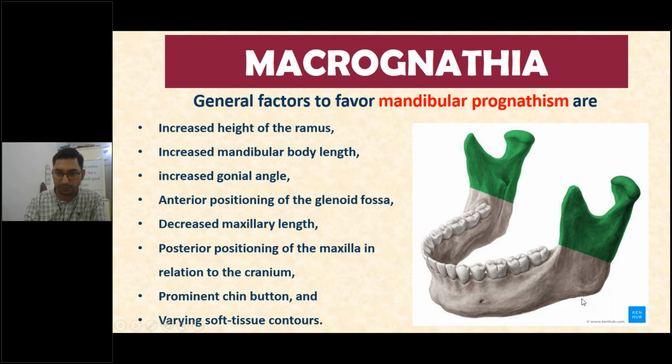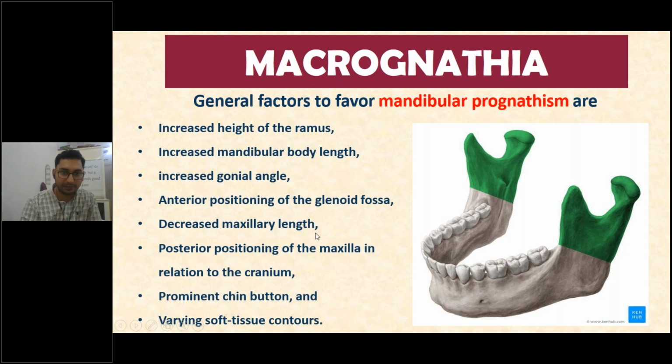There is an increase in gonial angle. This is the gonial angle, the angle between ramus and body. This angle will increase. There is, of course, anterior position of glenoid fossa. When the mandible is larger, the glenoid fossa, I'm sure you know what is glenoid fossa. It is a concavity in the temporal bone where the condyle articulates with the temporal bone. This also becomes anteriorly positioned because the condyle moves anteriorly because of increase in size.